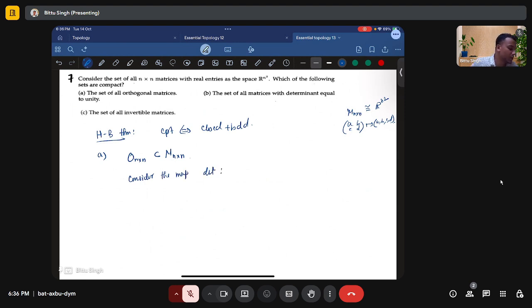determinant map which sends M_n(R) to R. Maybe a better notation is M_n(R) to R, something like this.